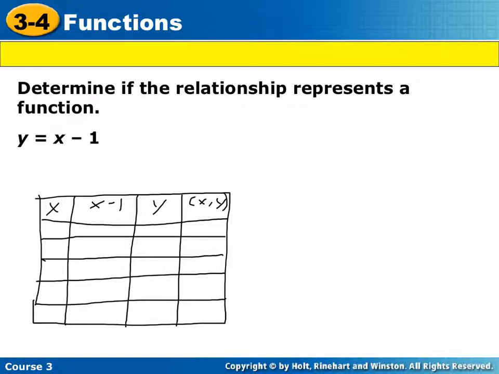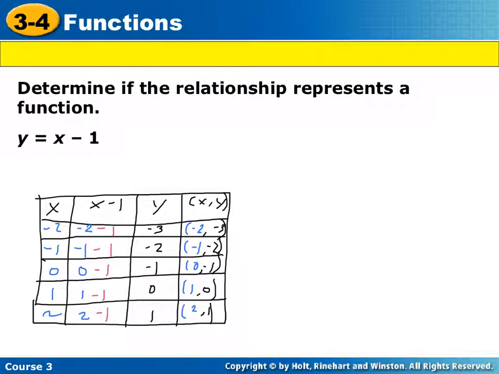Here's the table. I'm going to plug in -2, -1, 0, 1, and 2. I get the points -2, -3, -1, -2, 0, -1, 1, 0, 2, 1.